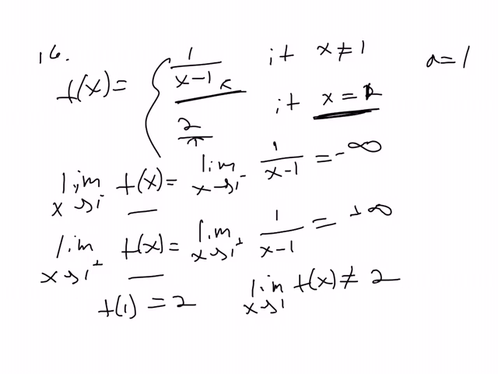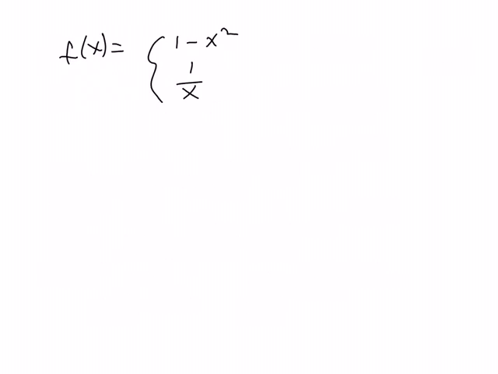For the previous problem, if we graph the function, okay, let's erase this for a second. For the previous problem, at 1 we're going to positive infinity and to negative infinity, but at 1 itself we're exactly at 2. So this is how your function would look.